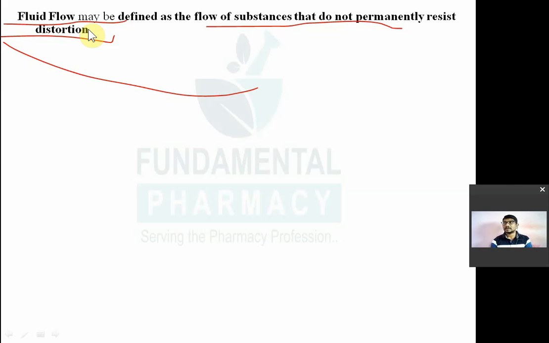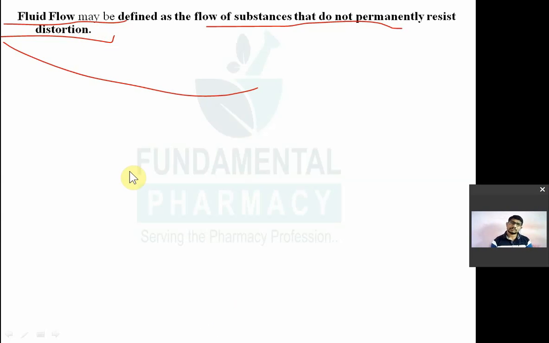By virtue of this pressure or stress, it will be displaced. That is nothing but the flow. So in standard words, flow is the flow of substances that do not permanently resist the distortion. That is the flow of fluids.